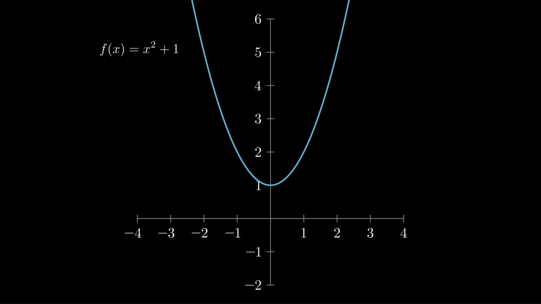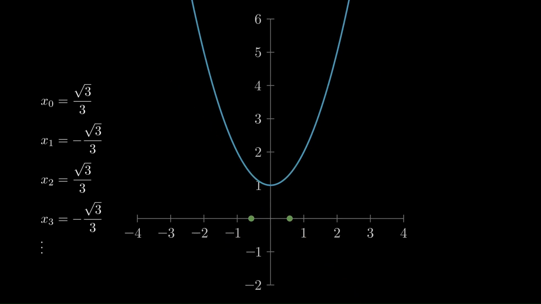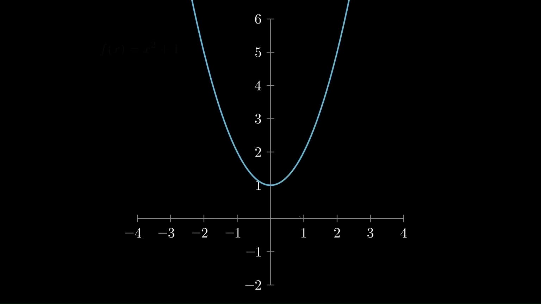But if we pick a different value of x0, we won't always get a chaotic sequence. For example, if we start with square root of 3 over 3, then the next term is negative square root of 3 over 3, and then we'll bounce back and forth between those two values forever. We can get weirder behavior also, like with this value of x0 around 0.81.